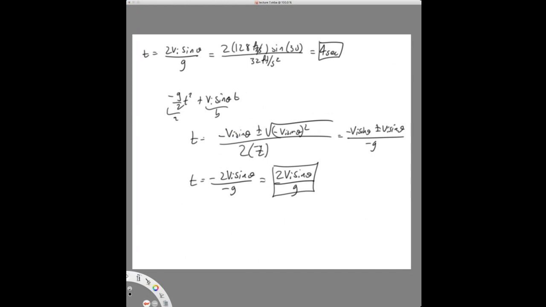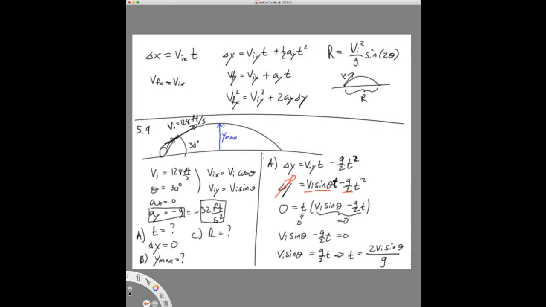Okay, so that was part A, to find the time. Part B said, let's find y max. There are a lot of ways we can handle this. One way would be to reason that if the whole trip takes 4 seconds, it should only take 2 seconds to reach the top.